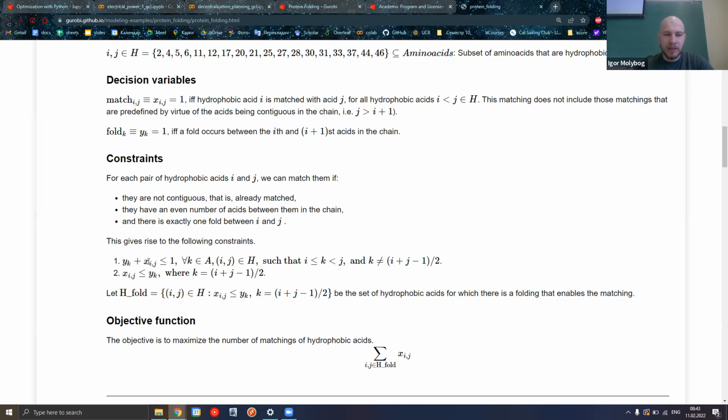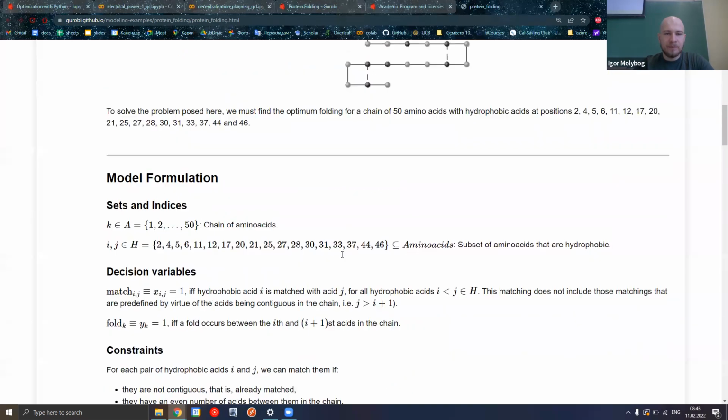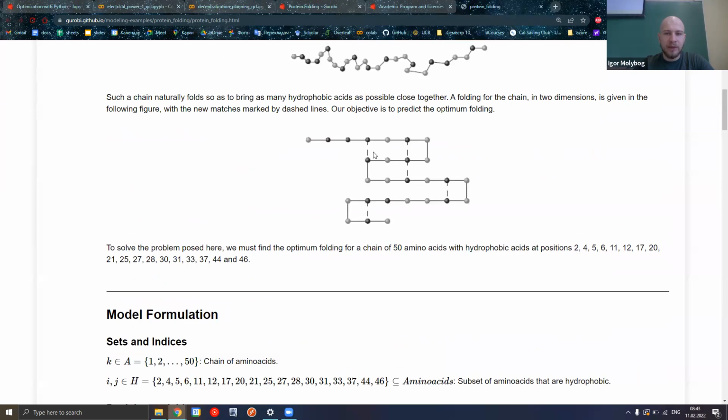What else might happen is that it could be the case that there is a fold between two acids. Let's say that this acid was to be a hydrophobic acid.